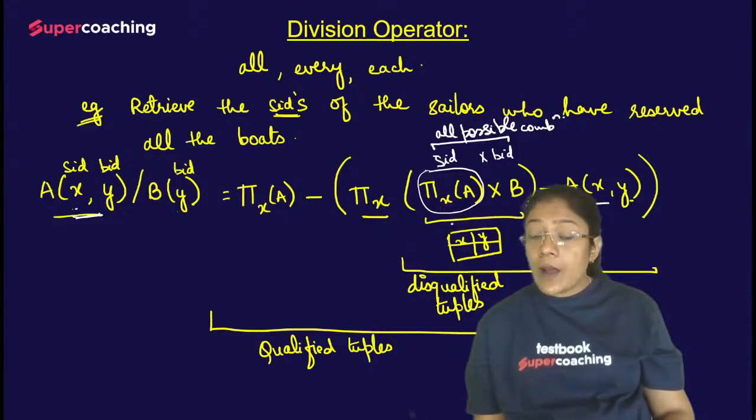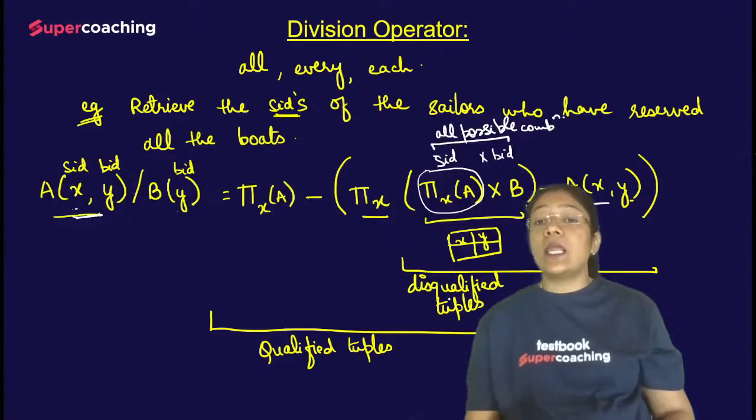Now जब आपने set difference लिया, this is returning the set of the sailors with the boat ID कि कौन से sailor ने कौन सी boat ID reserve नहीं की.